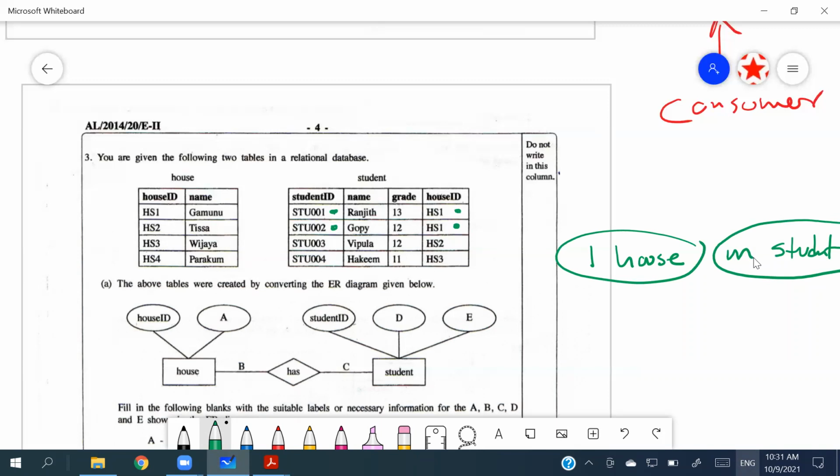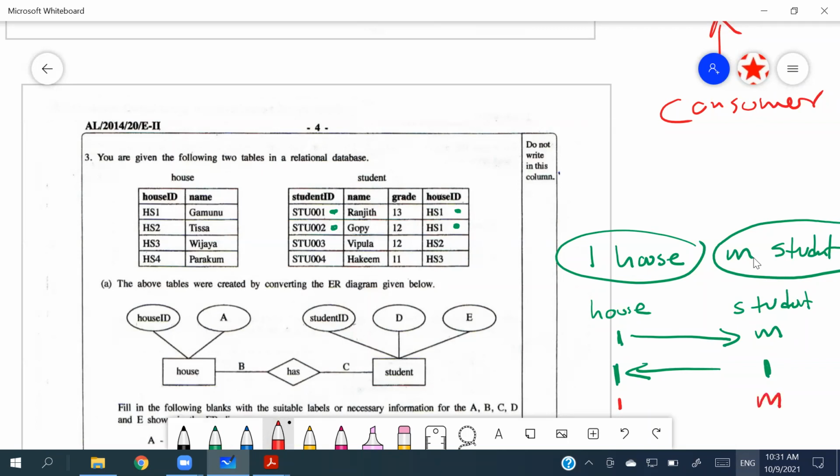STU001 is not going to repeat, so it has only one house ID. STU2 is going to have one house ID. So when you take the house and student relationship on this side, one house has many students. And on this side, one student has only one house. So between these two, the final cardinality is going to be 1-to-many.